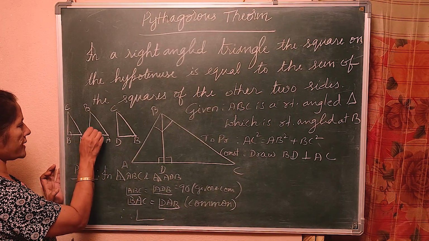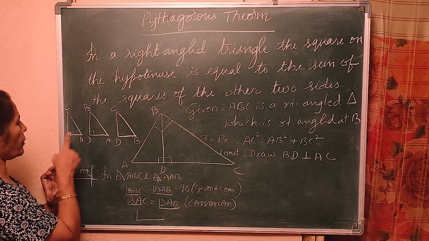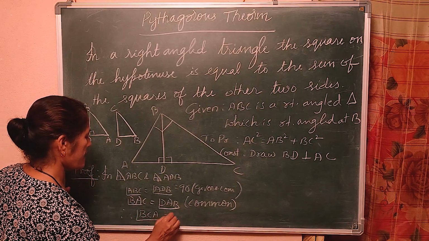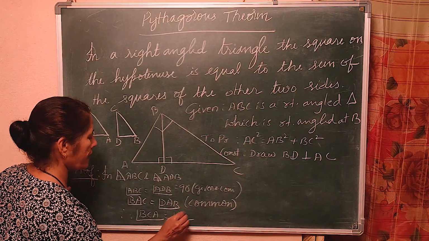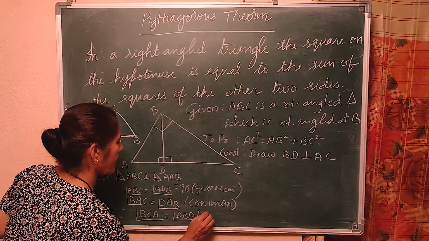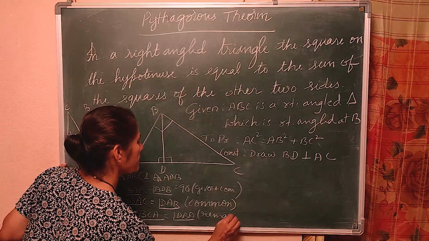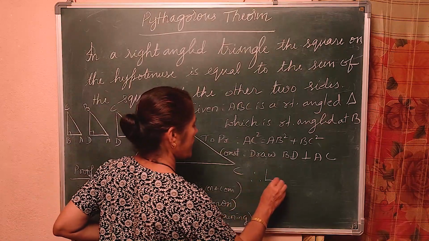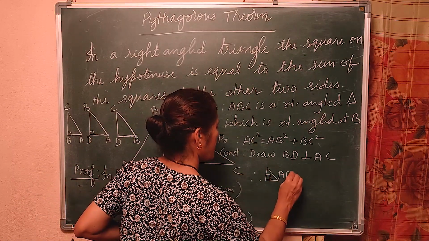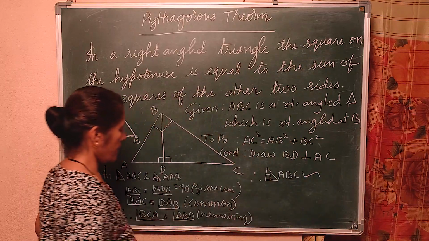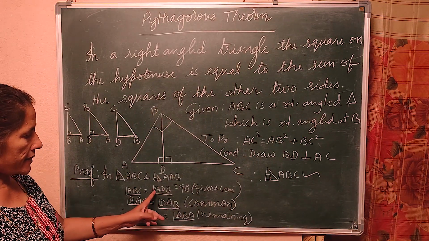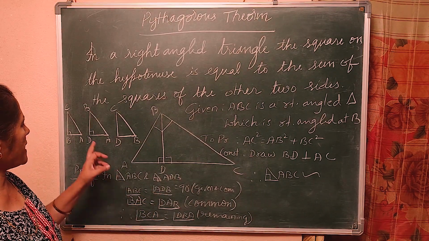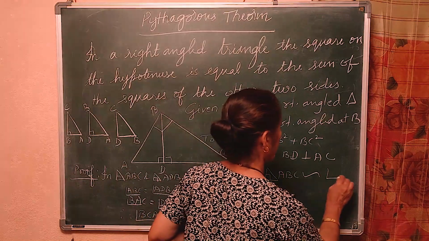This angle is over, this angle is over, A is common, so the angle remaining is angle BCA, which is equal to angle DBA by remaining angle. Therefore, right-angled triangle ABC is similar by AAA similarity criteria. So, I can say triangle ABC is similar to triangle ADB.